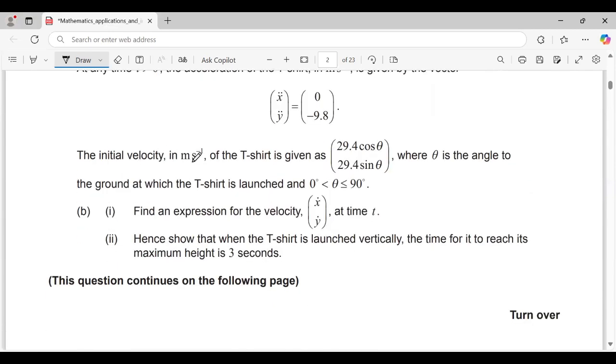The initial velocity in meters per second of the t-shirt is given as this matrix, where theta is the angle to the ground at which the t-shirt is launched and theta is in the interval 0 to 90. Find an expression for the velocity at time t, hence show that when the shirt is launched vertically, the time for it to reach its maximum height is 3 seconds.